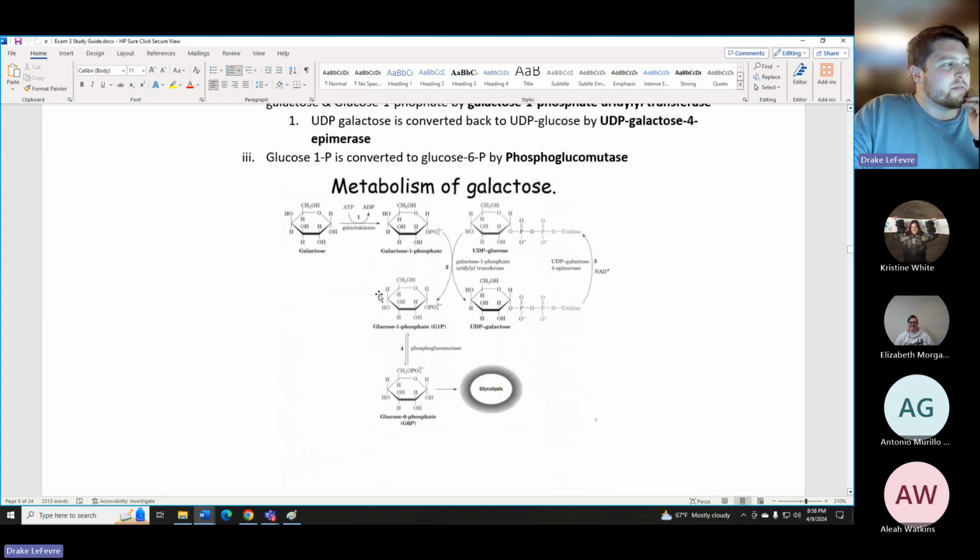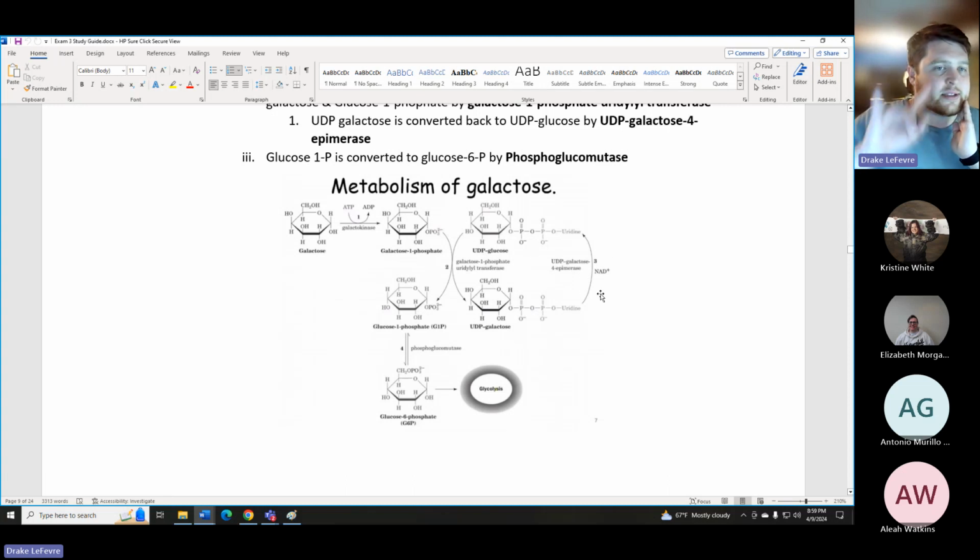Galactose. This is the one that we use. Remember, this is our UDP glucose. Galactose, we have galactokinase, which phosphorylates. UDP glucose and galactose 1-phosphate. The glucose and the galactose here, it swaps. So then we get UDP galactose, and it gives it the glucose. Then our beautiful UDP galactose 4 epimerase.